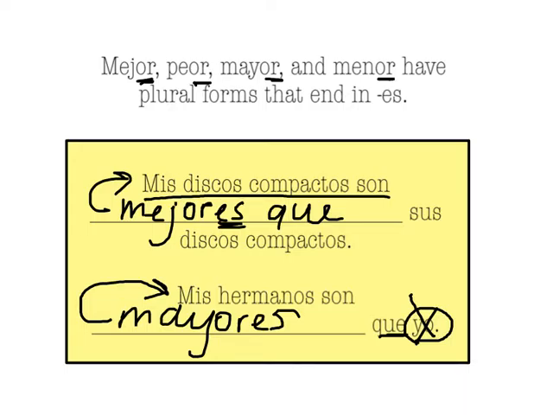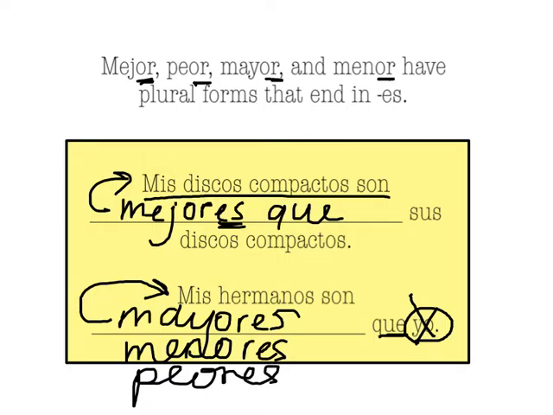So we could say mis hermanos son mayores que yo. We could also say that they're younger. Son menores que yo. We could say that they're worse. Son peores que yo. Or that they're better. Son mejores que yo. Just make sure that that adjective there agrees with the subject that comes at the beginning of the sentence.